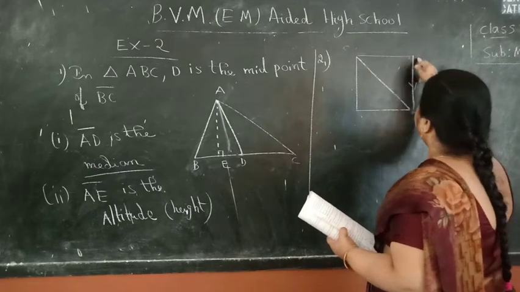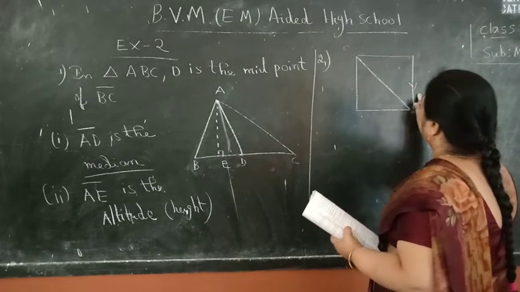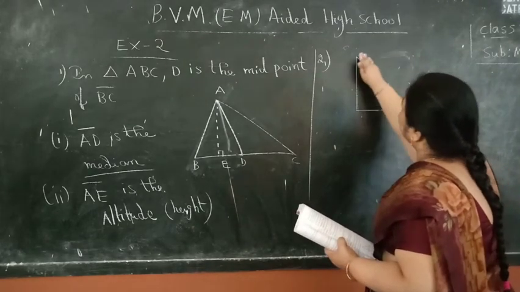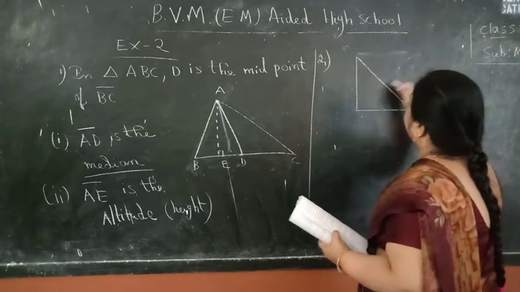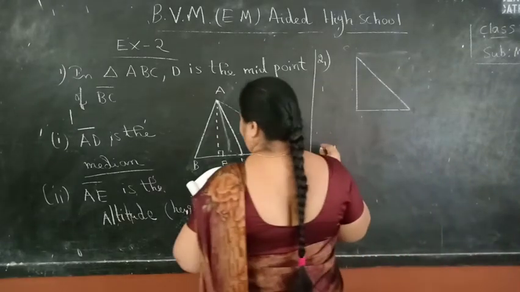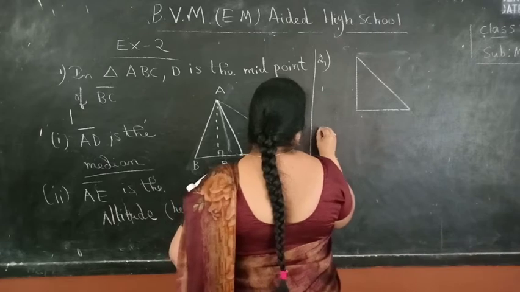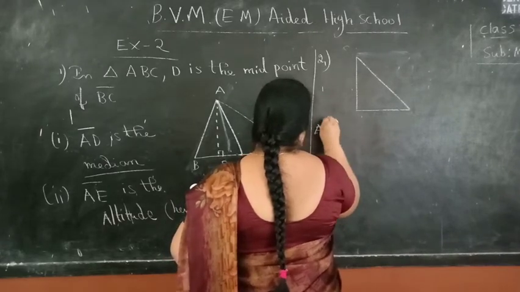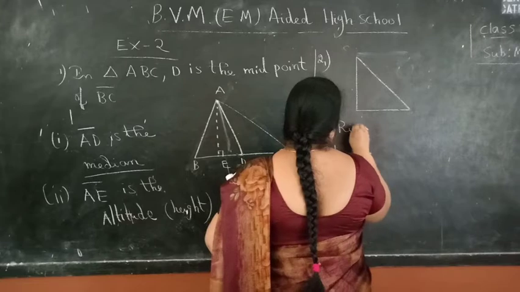You draw the line, so you find this side also. So two of its sides are altitudes. Right angle triangle. Name the triangle in which two altitudes are sides: the right angle triangle.